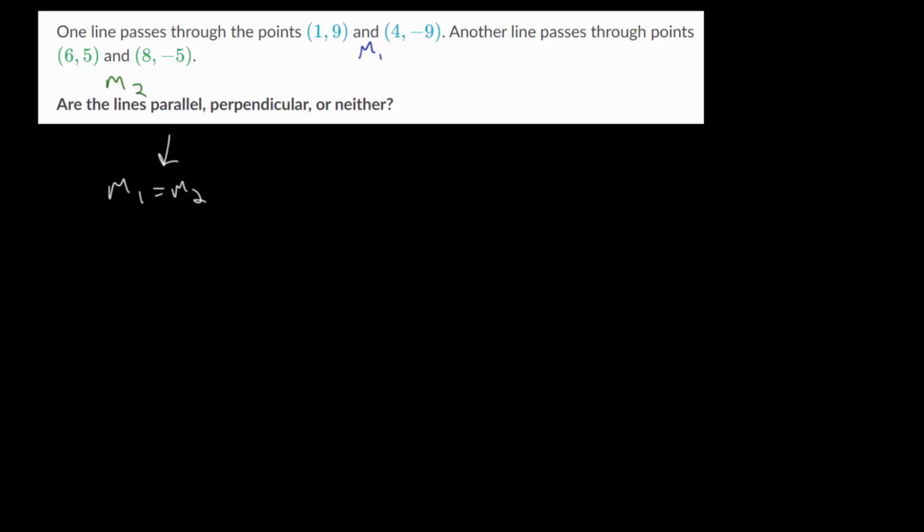But if they're perpendicular, then the product of m1 and m2 would be equal to negative 1. It's a little trickier with perpendicular lines, but they are negative reciprocals of each other. So you would take m1, flip it over and make it negative to get the slope m2. So let's figure out the slope in each of these.